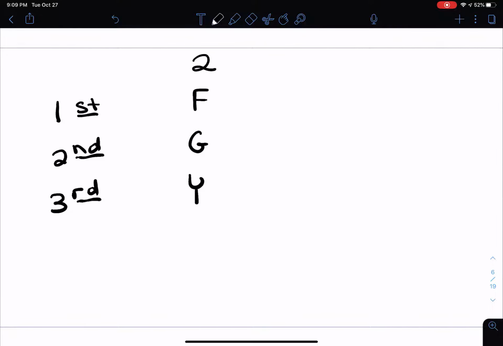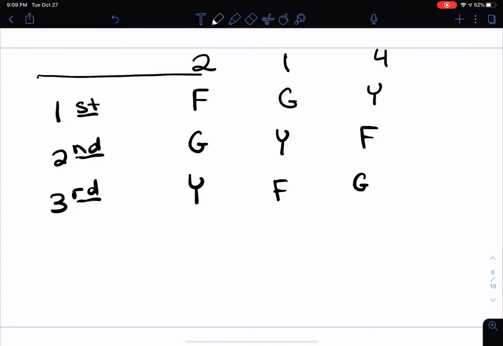We have two people that voted F first, G second, Y third. We have one person that voted G first, Y second, F third. And then we have four people that voted Y first, F second, G third. So this is our preference table here.